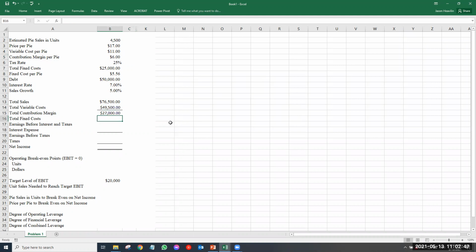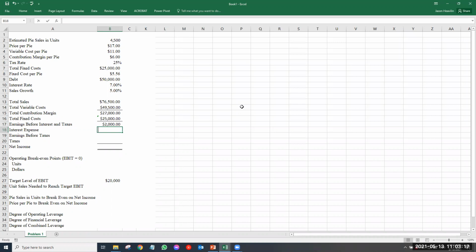For total fixed costs, we're just going to set it equal to the same 25,000 we have there. So what is our EBIT, or earnings before interest and taxes, also known as operating income? We take our total contribution margin minus our total fixed costs, and that is our EBIT for this scenario.